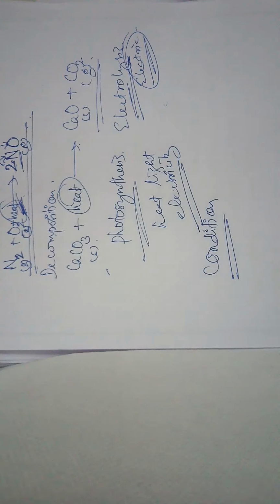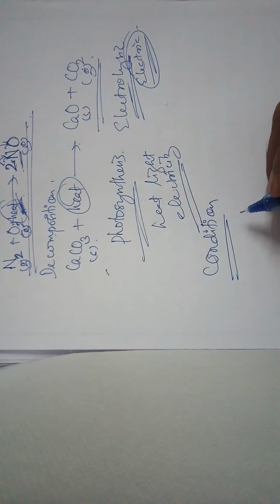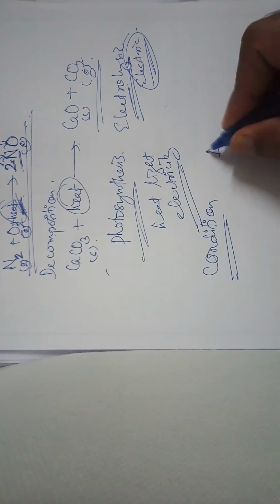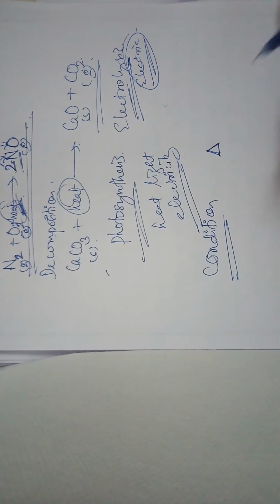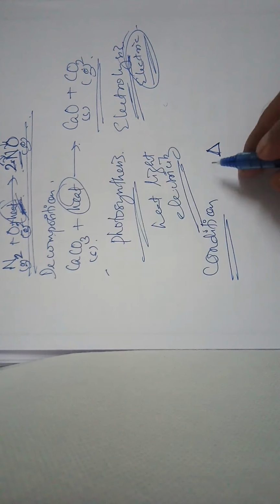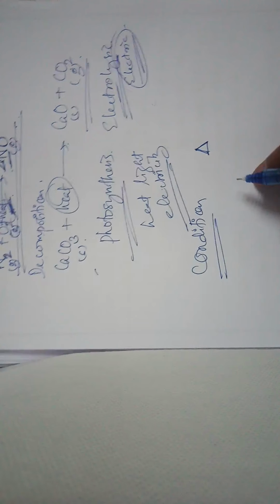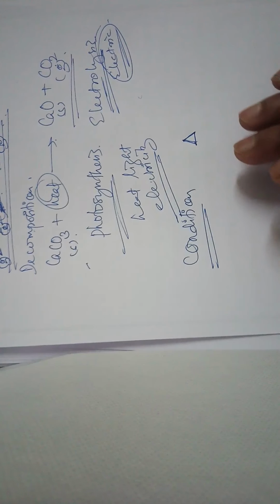If heat is required for a reaction to take place, then the heat sign delta, heat is denoted by delta, meaning energy, is put over the arrow of the equation. If the reaction takes place in the presence of a catalyst, then the symbol or formula of the catalyst is also written above or below the arrow sign of the equation.